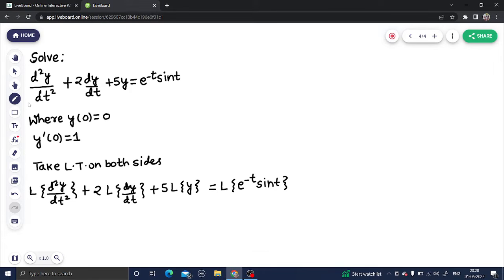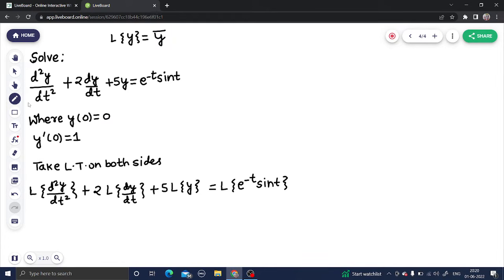Fine. Now for this question, for the sake of simplification while writing, I will write the Laplace of y as y bar, just for the sake of simplification.